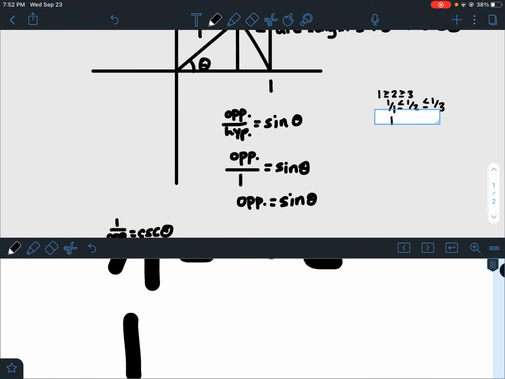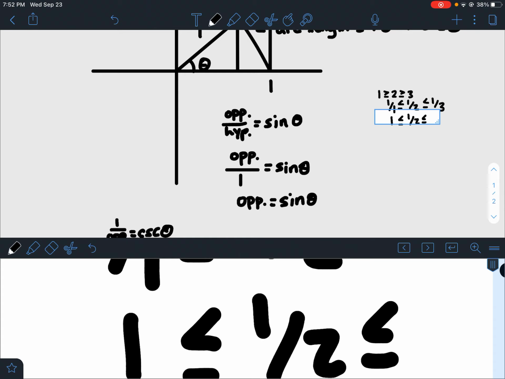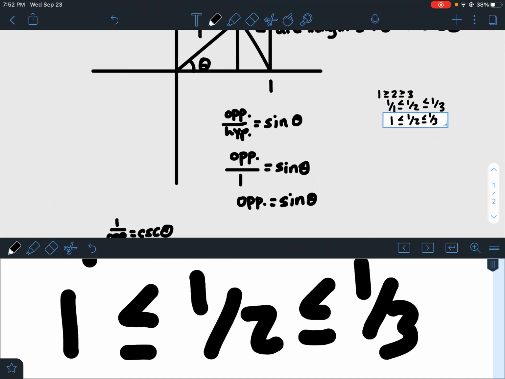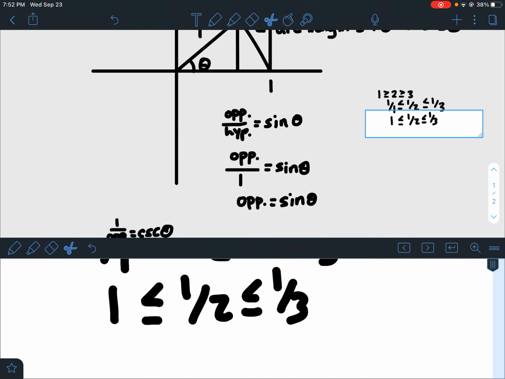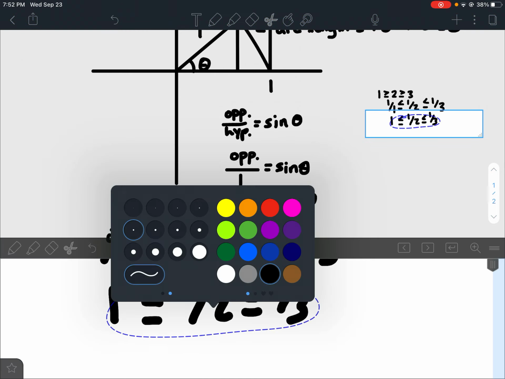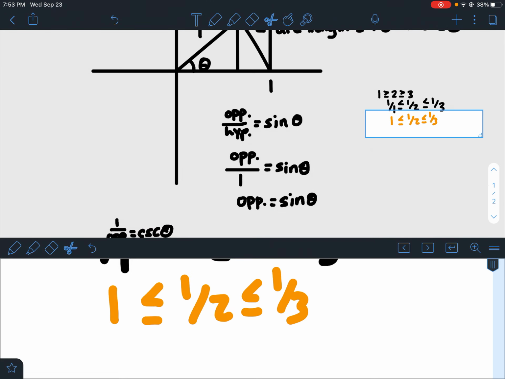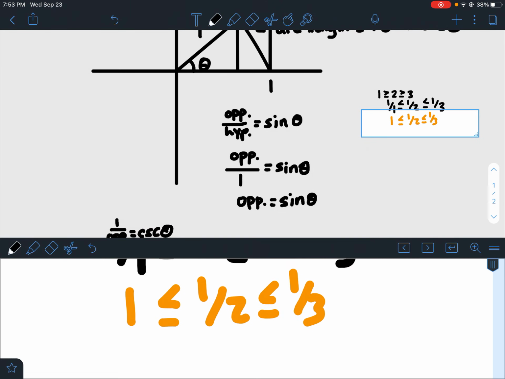So this becomes 1, this becomes 1/2, and this becomes 1/3. Okay. So basically, we have that. Let's make that orange so we can put a special mark.